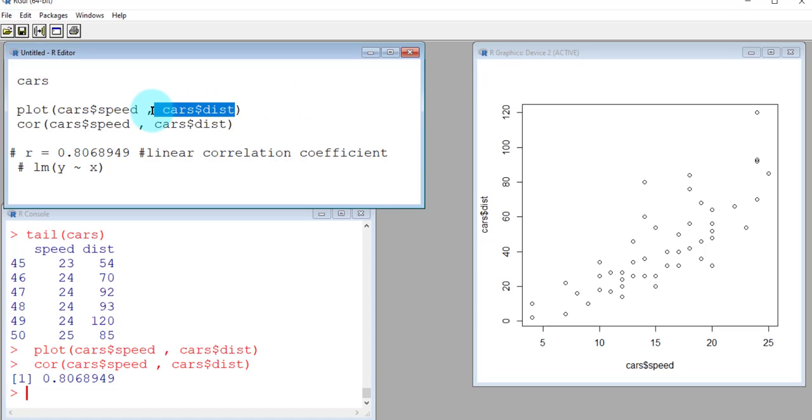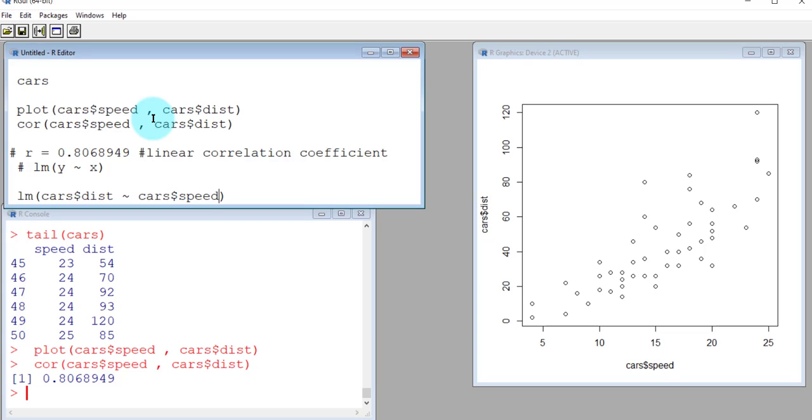So you need to have your x and y variables, your predictor and your response, pretty clear in your head, right? Because here, our y variable is the distance, and the x is cars$speed.